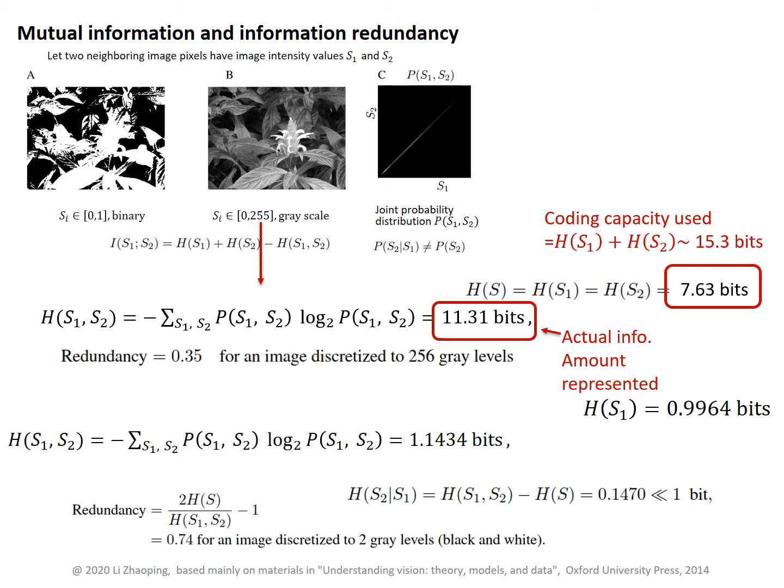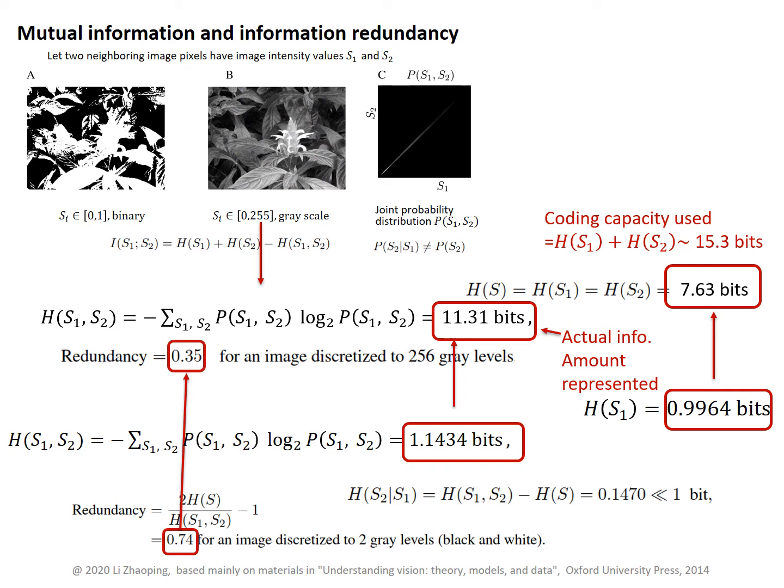So as we change from a black and white image to a grayscale image, the coding resource is increased from about 1 bit per pixel to almost 8 bits per pixel, by a factor of 8. The total information in the two pixels increased from 1.14 bits to 11.3 bits, by a factor of about 10. This seems to be a good return, so the redundancy decreased from 74% to 35%.